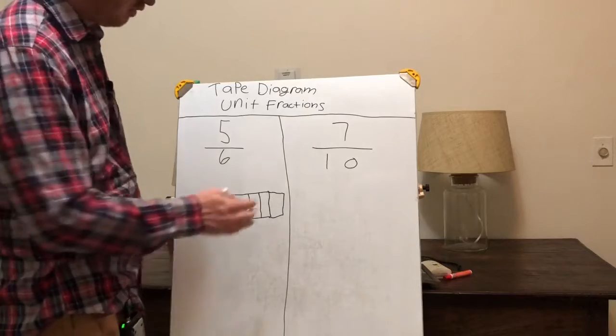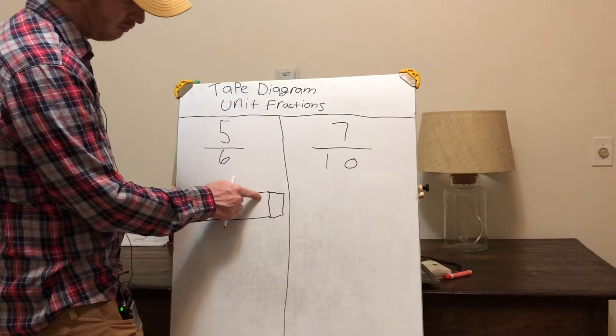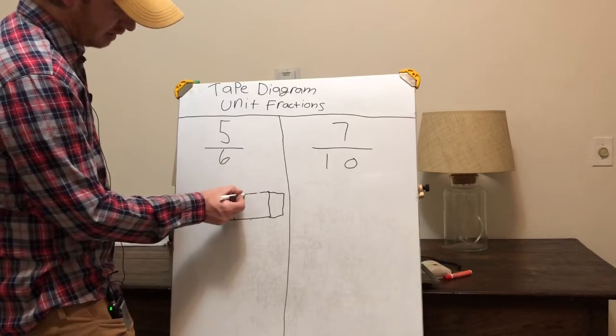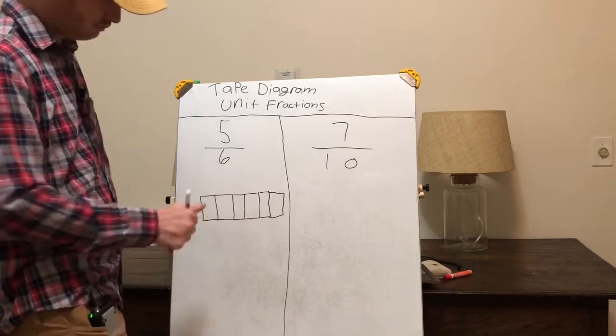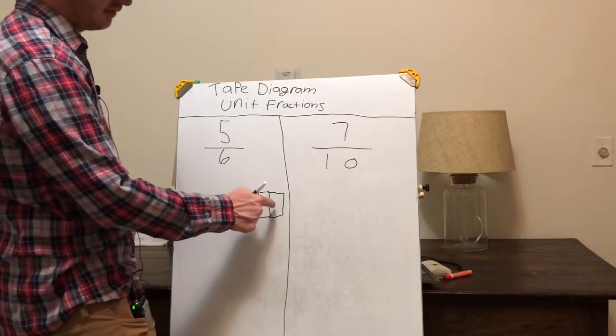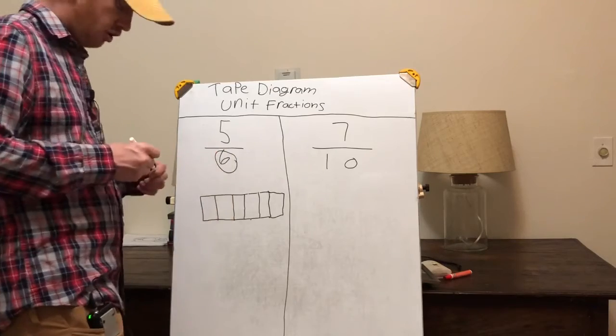Now in a perfect world, they'd be a little closer to the same size, so maybe I'll clean it up a little bit here. I want it to be maybe something like that, and like that. It's a little better. 1, 2, 3, 4, 5, 6. So that represents our denominator.